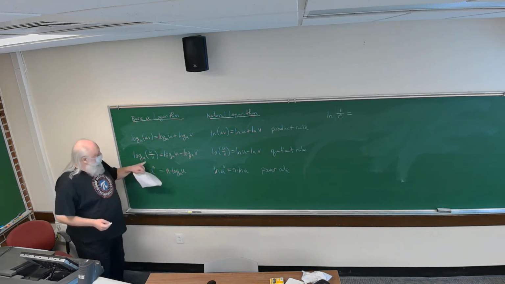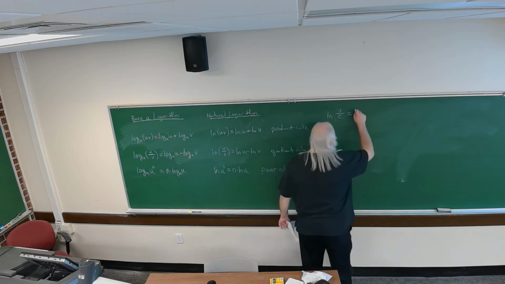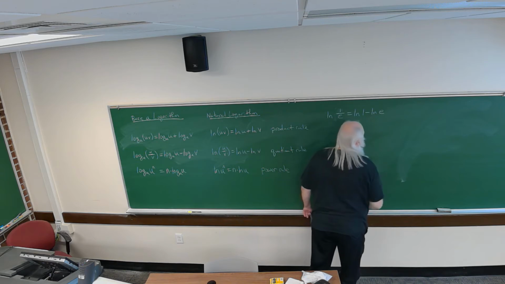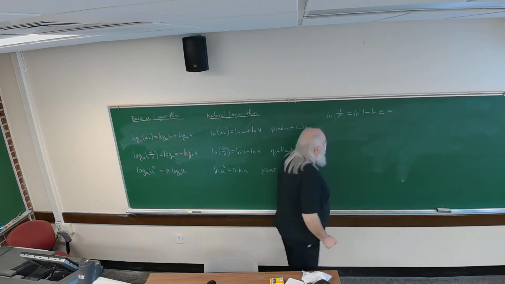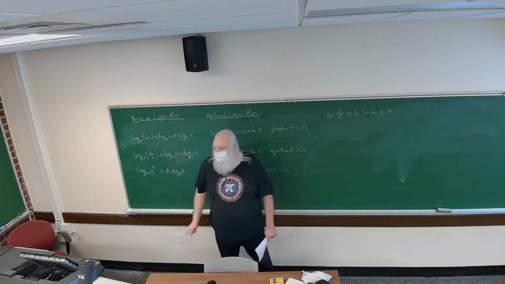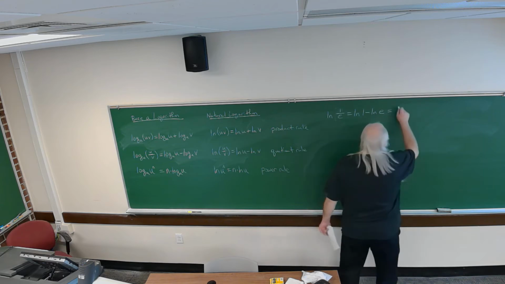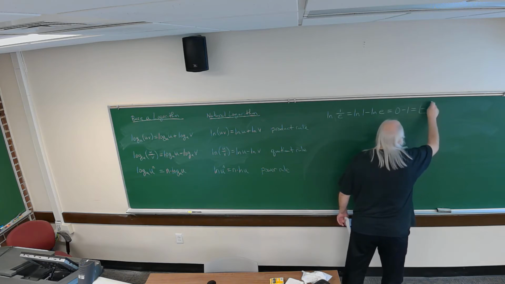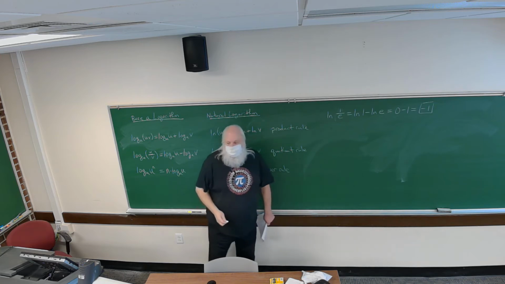The quotient rule says the natural log of 1 over e is equal to the natural log of the numerator minus the natural log of the denominator. What's the natural log of 1 equal to? And what's the natural log of e equal to? So this just simplifies to -1. So the natural log of 1 over e is equal to -1.